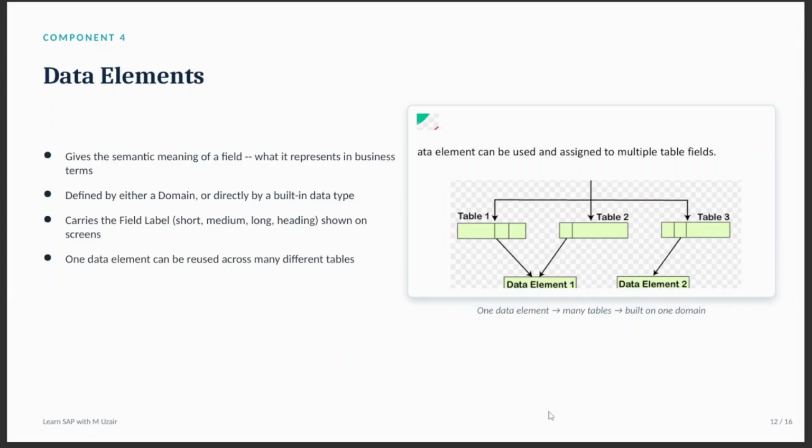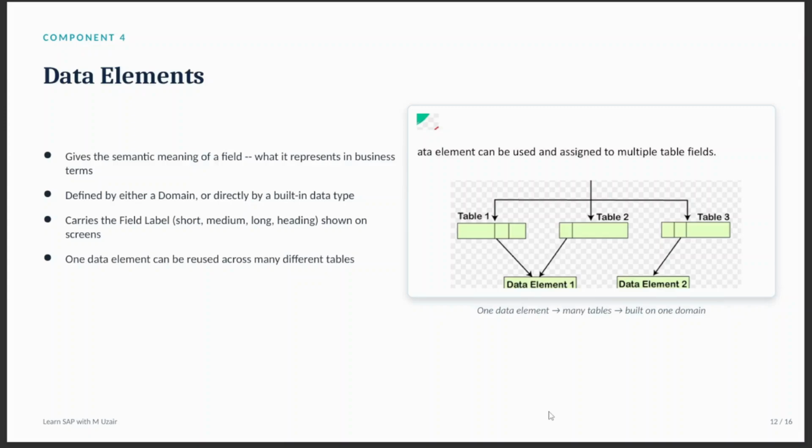A data element specifies things like the field label, the text you see on the screen, short, medium or long, and heading versions also. So you can define that description in multiple lengths. It gets its data type either from a domain or directly from a built-in type. You can directly assign any data type to the data element.